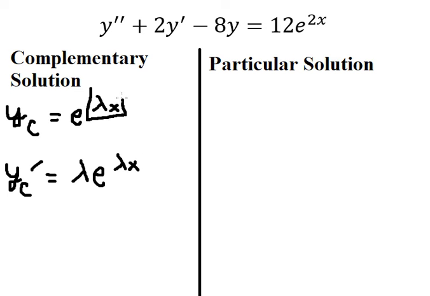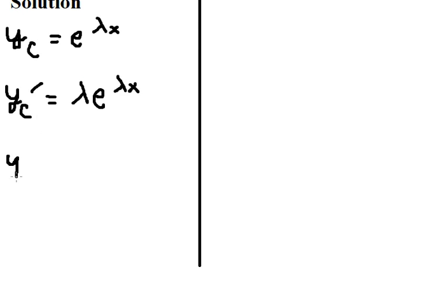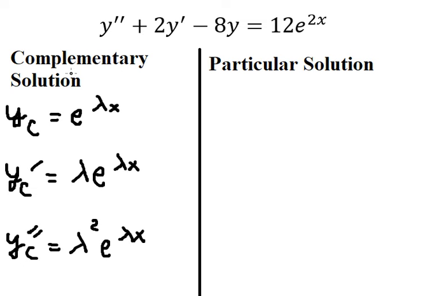Later we do the first derivative of lambda s, we have lambda. And now we do the second derivative of this one, and we have lambda square e to the power of lambda s.